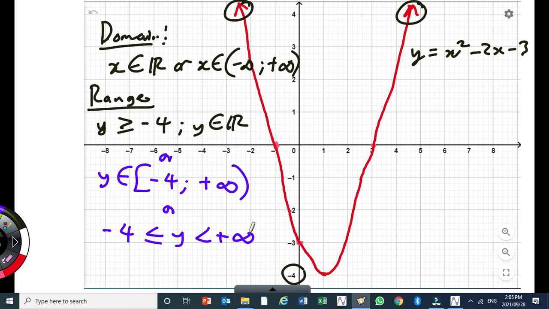You need to write the plus sign, though if you don't write it, it's fine. You following? So I gave you 3 notations for writing the range, and you can decide which one you prefer. Generally, I prefer the first one.